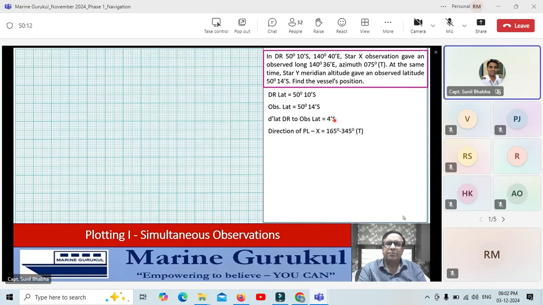Direction of PL of X, as already said, will be perpendicular to 075 degrees true, the azimuth, so it shall be 165 degrees to 345 degrees. Direction of PL of Y shall be east-west, that is 090 degrees to 270 degrees true, being a meridian altitude observation and solved by latitude by meridian altitude.